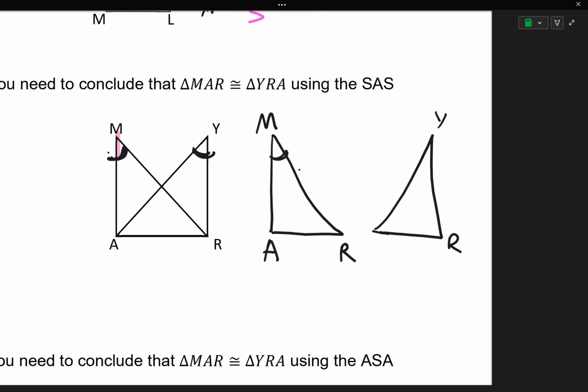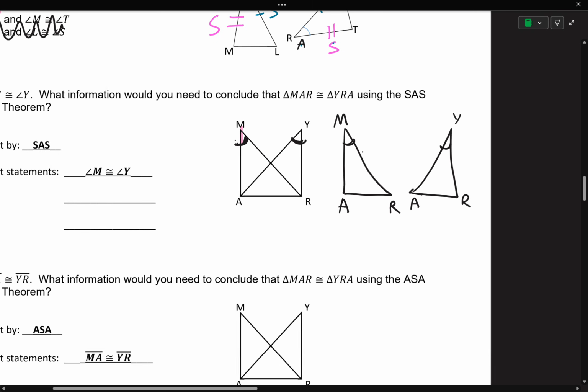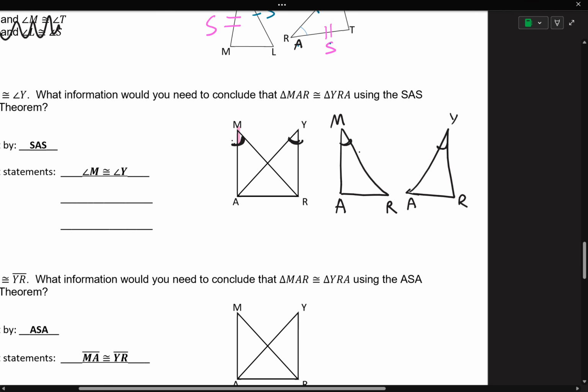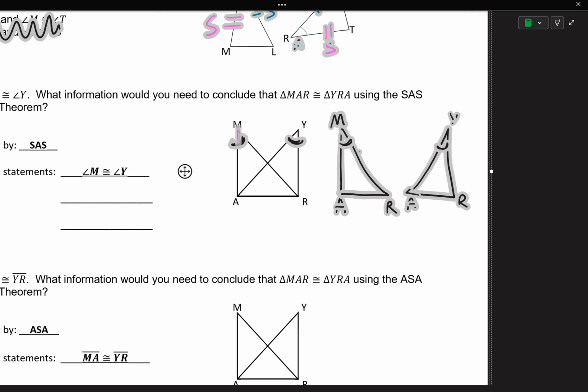So I like to redraw them, and it makes it easier for me to envision what I'm supposed to be doing. If that doesn't help you, don't do it, but I am going to label both images and do what works best for you. Okay, so we have an angle, which means we need two sides.